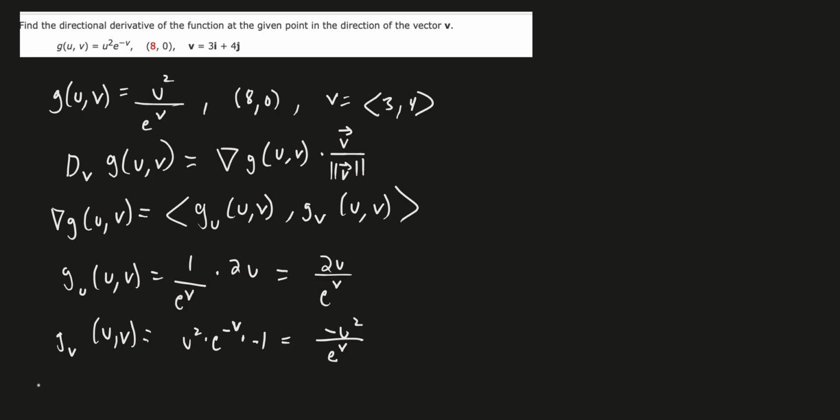Okay, so now let's write the gradient: 2u over e to the v, comma, negative u squared over e to the v. That's pretty much the gradient, and then we can plug in the point (8, 0).